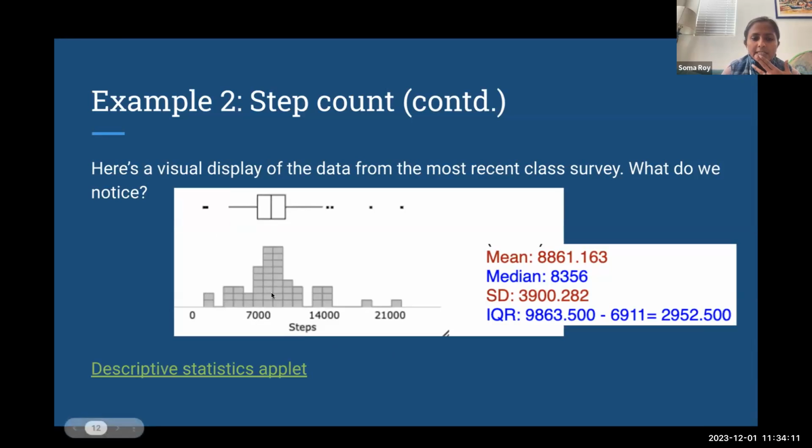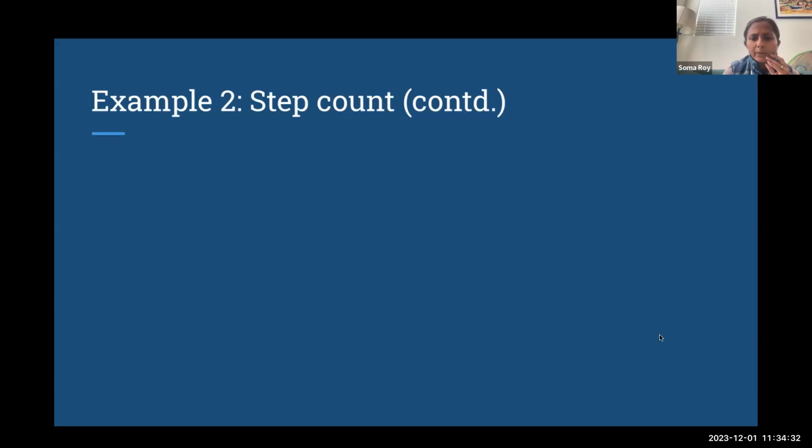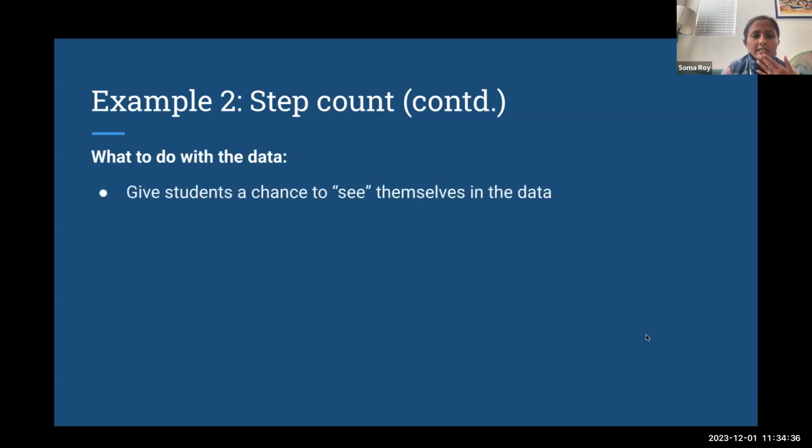This particular graph was generated in our descriptive statistics applet, and it also lets you obtain these numerical statistics. And if we have time at the end, I can show you what the data look like and how to put that in the descriptive statistics applet. But what are some of the things that we talk about in this particular context?